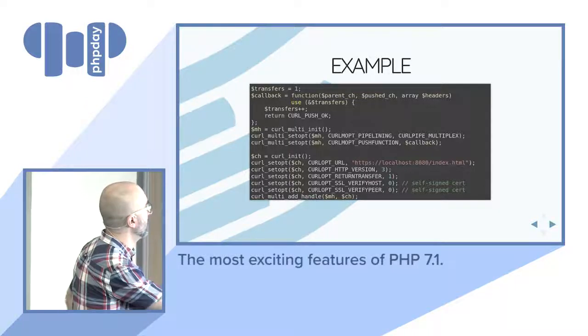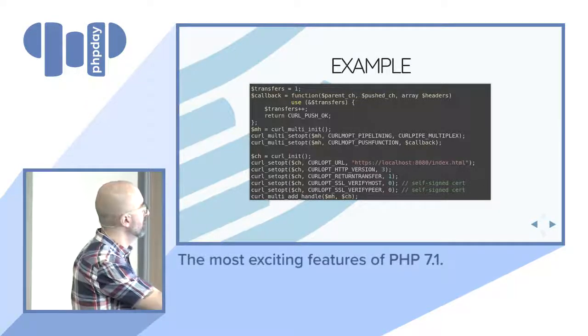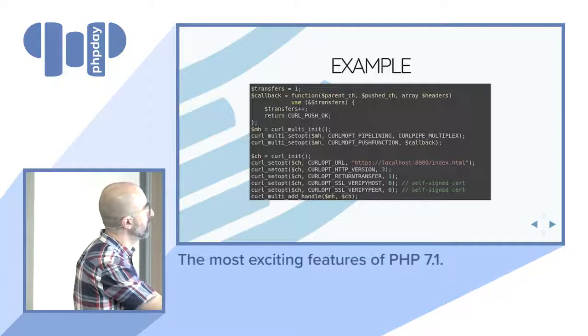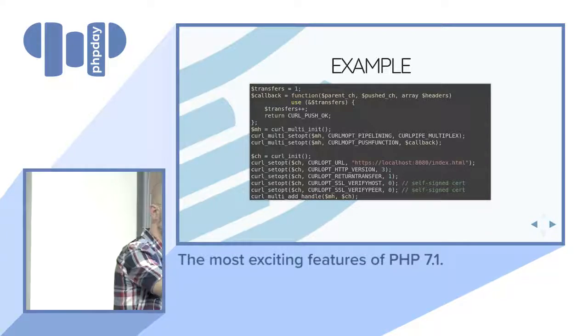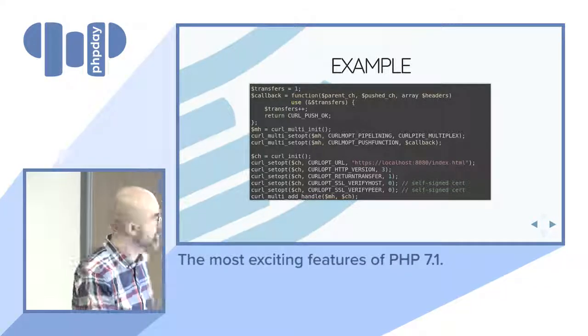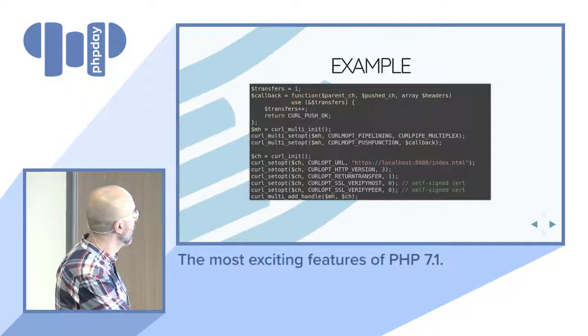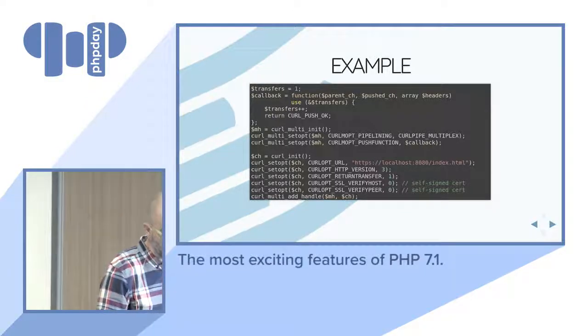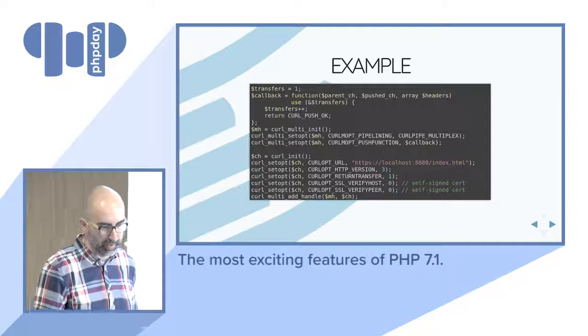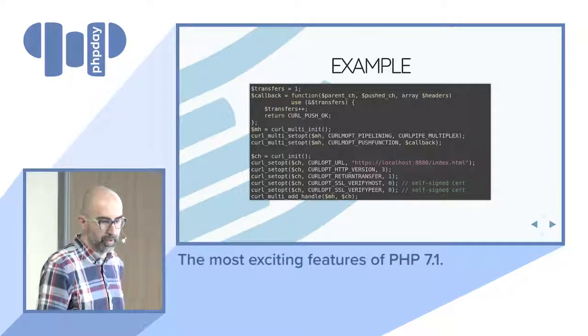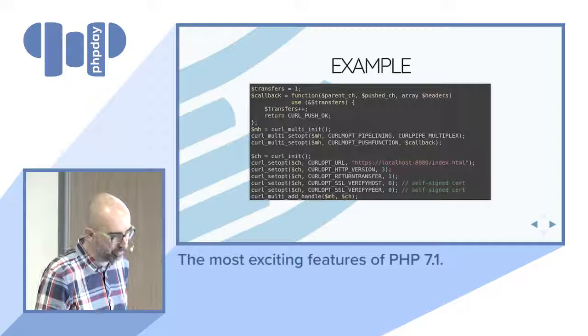We are defining a callback that should be executed when the server pushes you the data. That's the idea. We have some parameters in the function. For instance, we have the parent curl handle, so the request the client made.